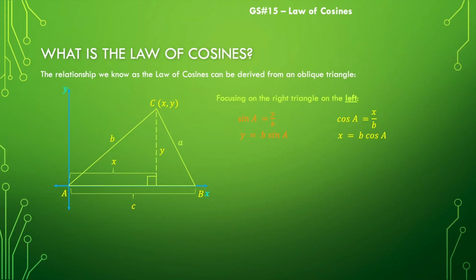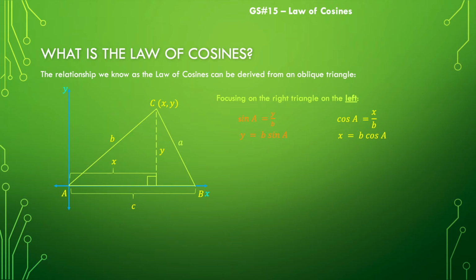All right, so now let's focus our attention on the right triangle formed on the right-hand side of this triangle. And we are going to think about using the Pythagorean theorem with this triangle. Now we know the Pythagorean theorem is a squared plus b squared equals c squared, but this triangle is not labeled in that way.